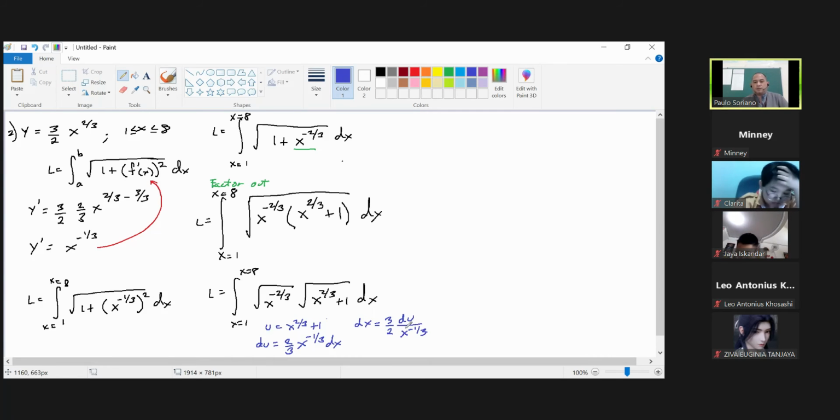Okay, now simplify this. Let's simplify everything now. I will put the 3/2 outside. What is this?